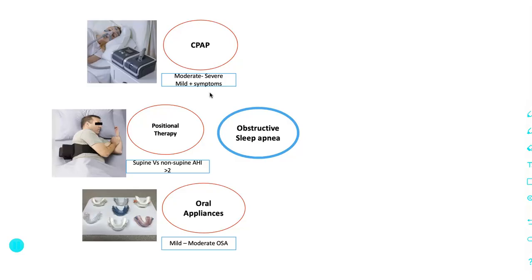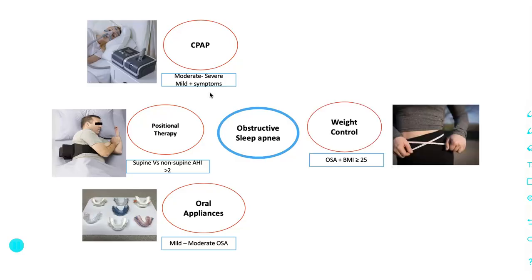Another one is oral appliances used for mild to moderate OSA cases, with the mandibular advancement device being one of the most common options in this category. Another option is weight control, in the form of bariatric surgery or lifestyle modification. Weight reduction can be a definitive treatment approach for obstructive sleep apnea.